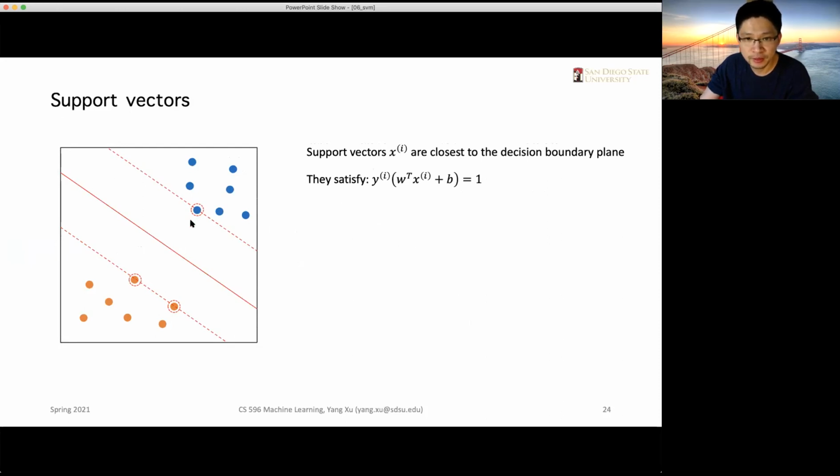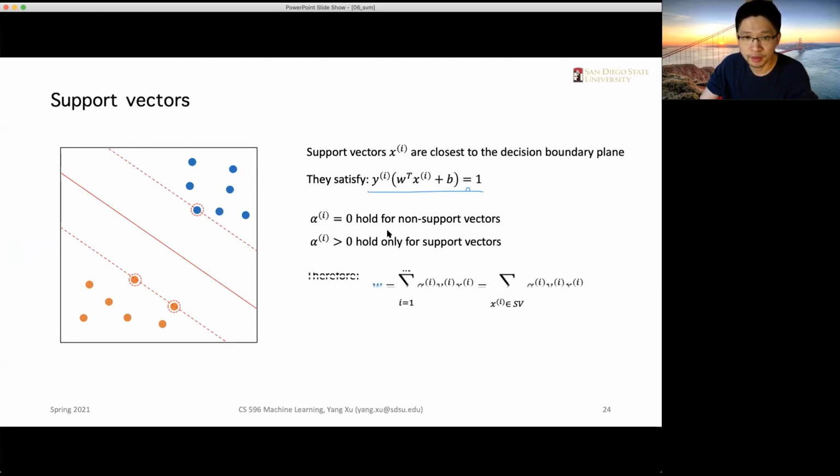They're closest to the decision boundary plane. Okay, and they will satisfy these equations. There's an equality here. And alpha that is 0 applies to the non-support vectors. But only for the support vectors, the alpha is greater than 0.